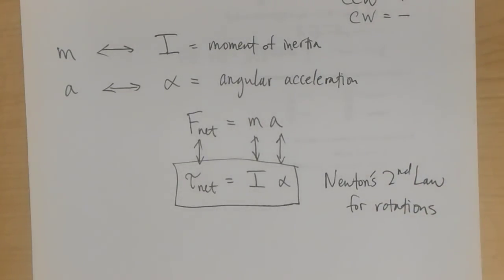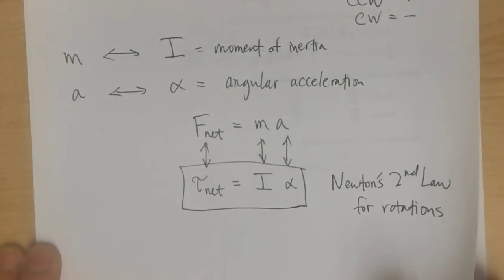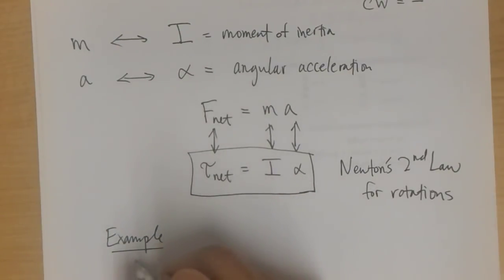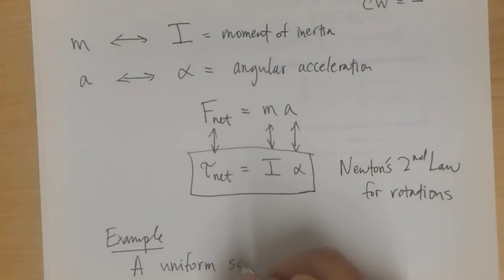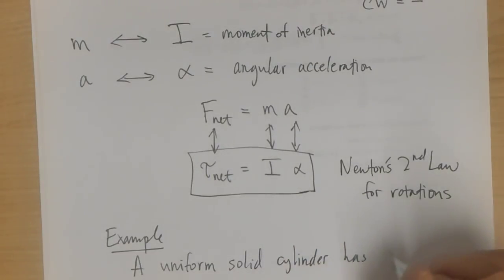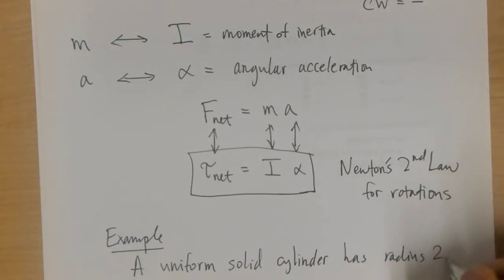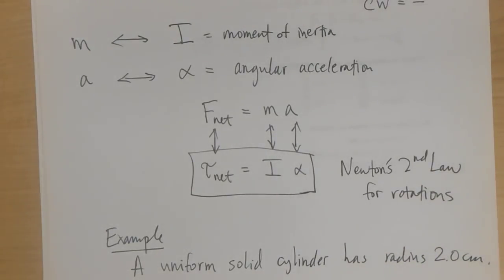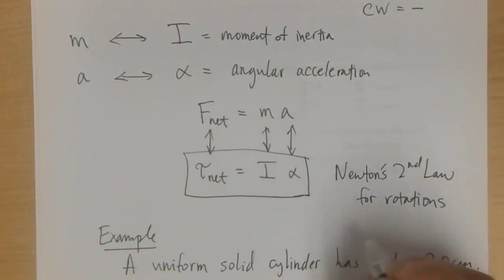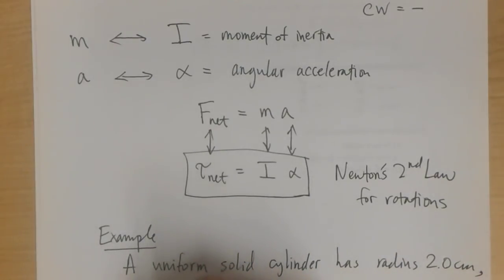Quite simple. Let's do an example of this. Let's say we have a uniform solid cylinder with radius 2.0 centimeters and mass 1.5 kilograms.